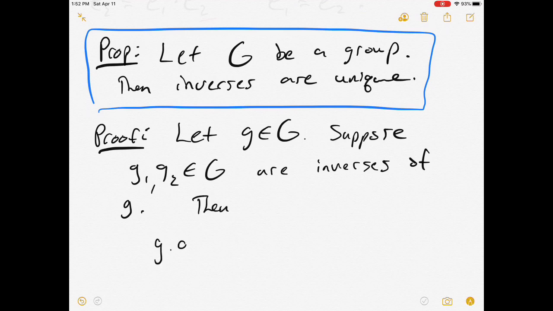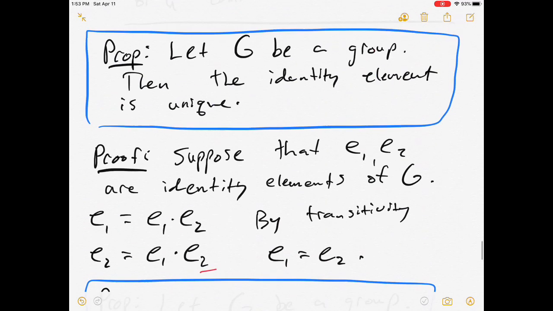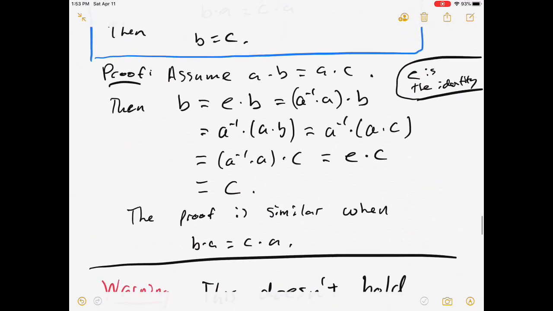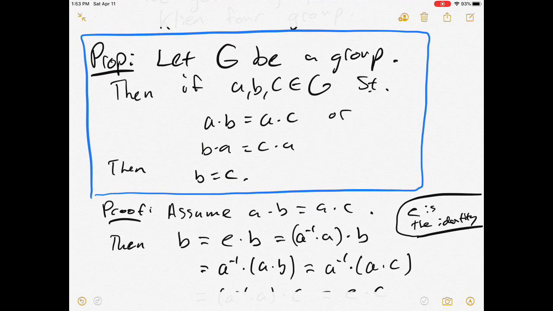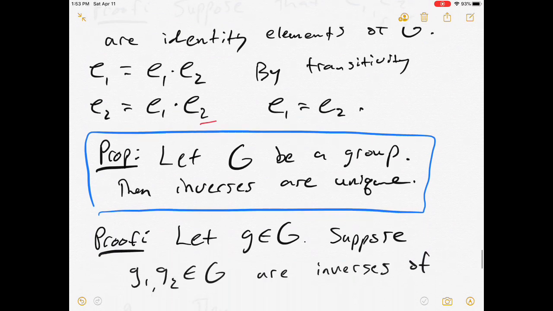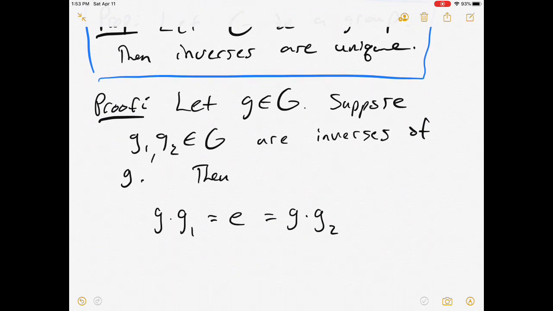Then g times g1 is equal to E, which is equal to g times g2. But by this proposition, we have that g1 is equal to g2.